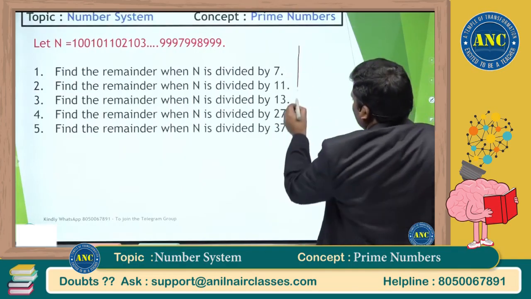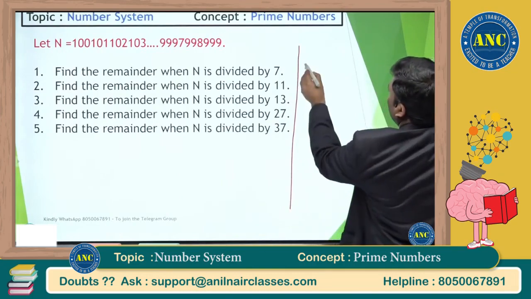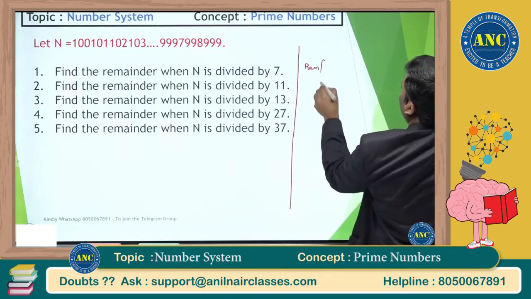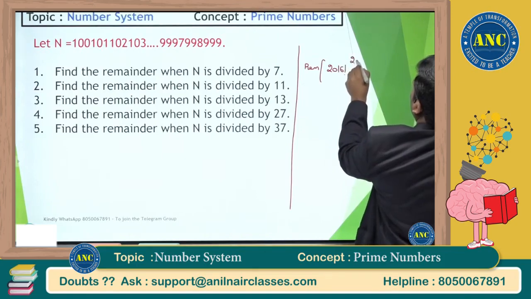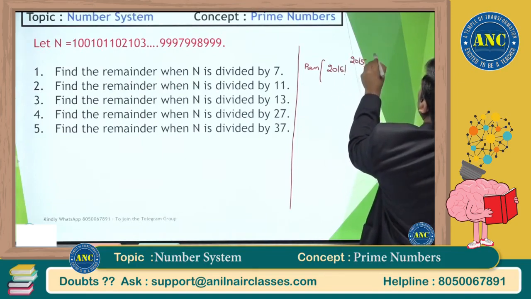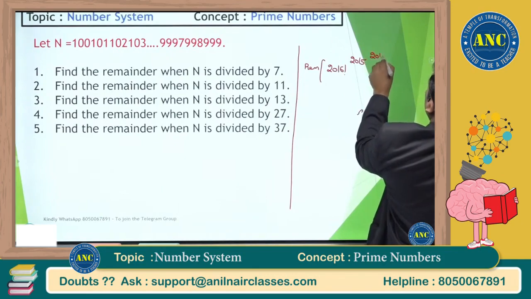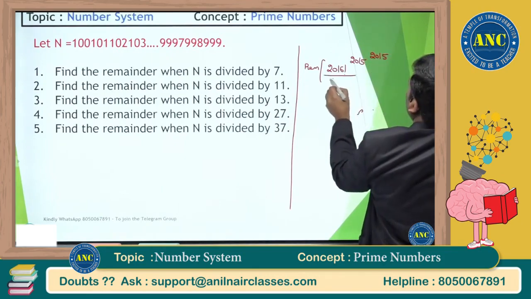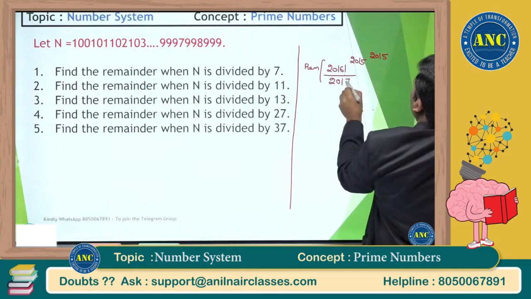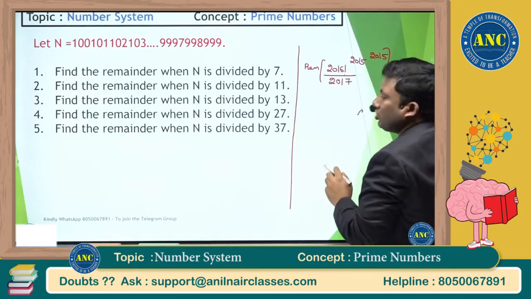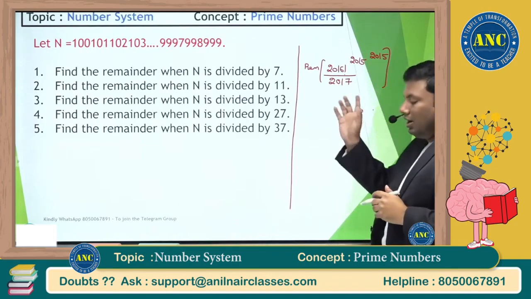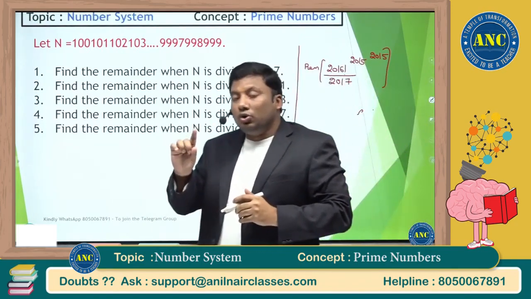Now, I am solving another doubt here. 2016 factorial power 2015 divided by 2017. Yesterday I told you how to cross check whether the denominator is a prime number or not.